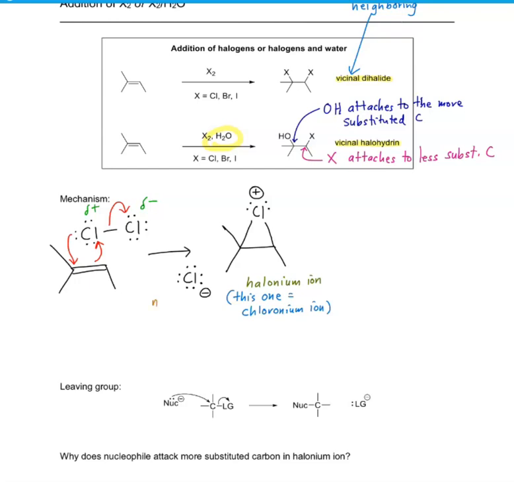The nucleophile in this case is the chloride ion. That makes the halonium ion the electrophile. So the chloride ion will attack at the more substituted carbon, which causes the ring to open. So the result of all this is the vicinal dihalide.